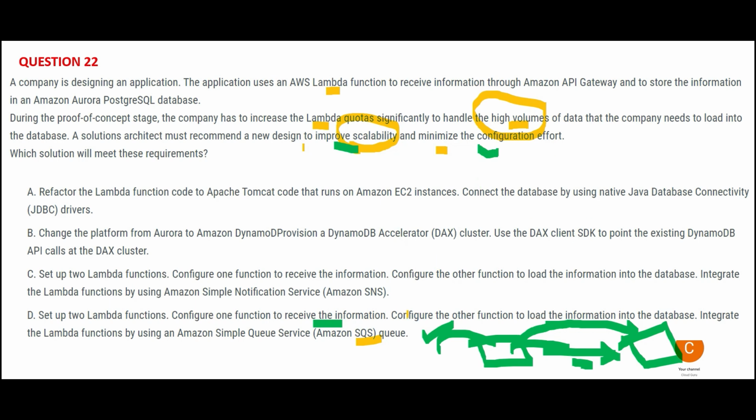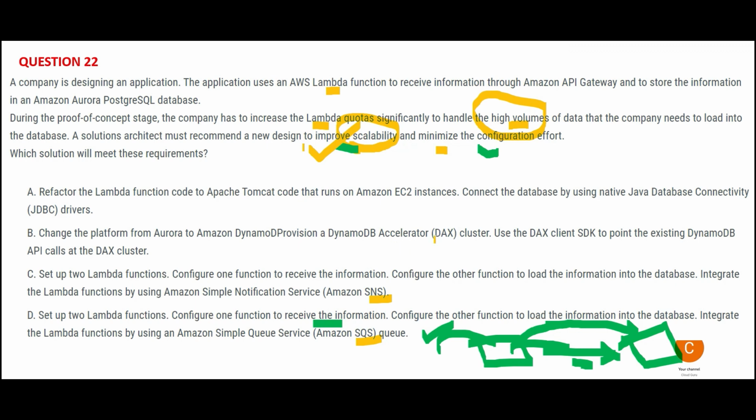Now if you see SNS, it is a notification service. Push notifications like some message on your mobile phones or emails. There is no need of pushing the messages via emails and so on, because the question doesn't say that. It just tells you to improve the scalability.